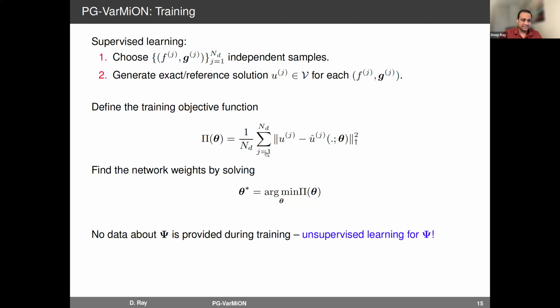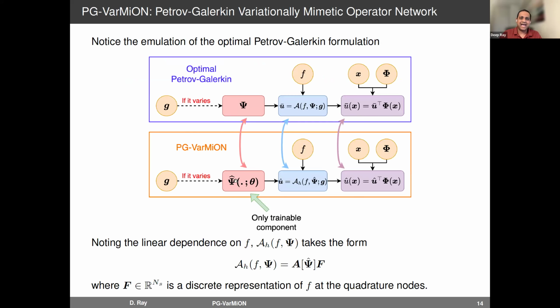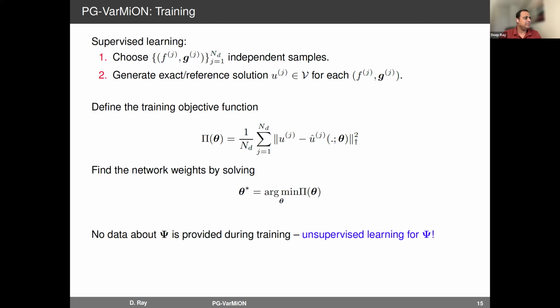Of course, these are the parameters of my psi hat. So what I'm doing is I'm trying to find the parameters of psi hat which minimize this mismatch between the true solution and the prediction by the neural network. Now, the important thing to remember here is this is a supervised learning algorithm for U, because I do need the target or label Uj for each U hat j. But while training, I never need the exact or reference values of psi.